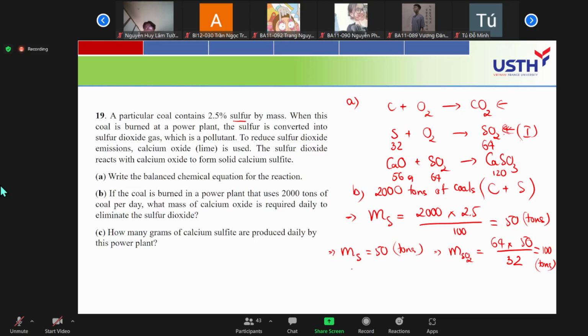In the next part, the mass of CaO will be equal to 100 multiplied by 56 and divided by 64. Then the mass of calcium sulfite equals 100 multiplied by 120 and divided by 64.